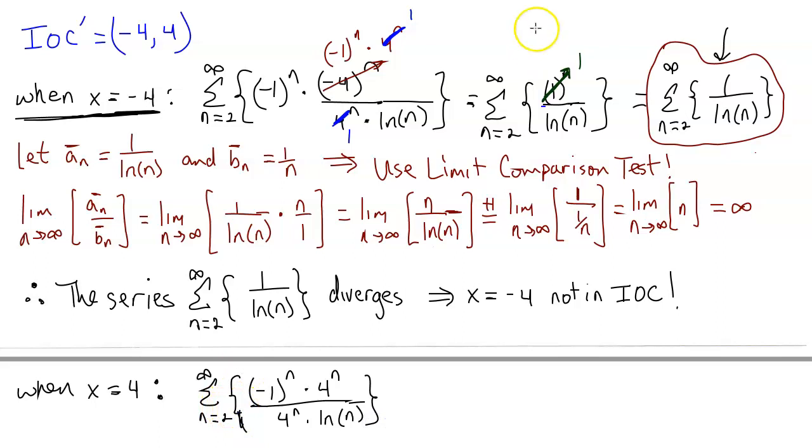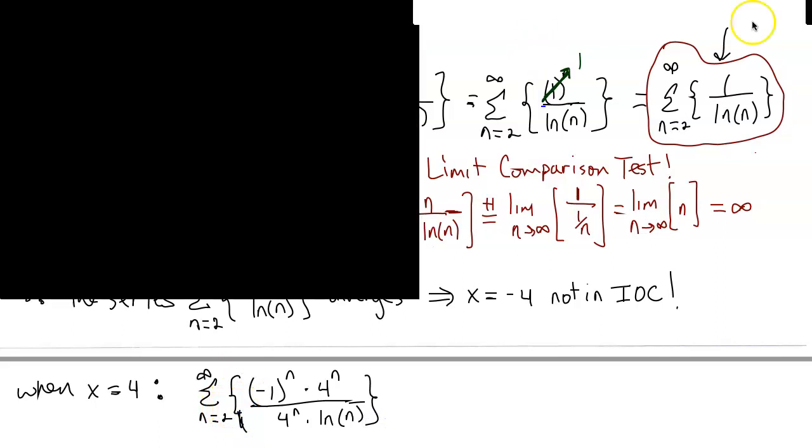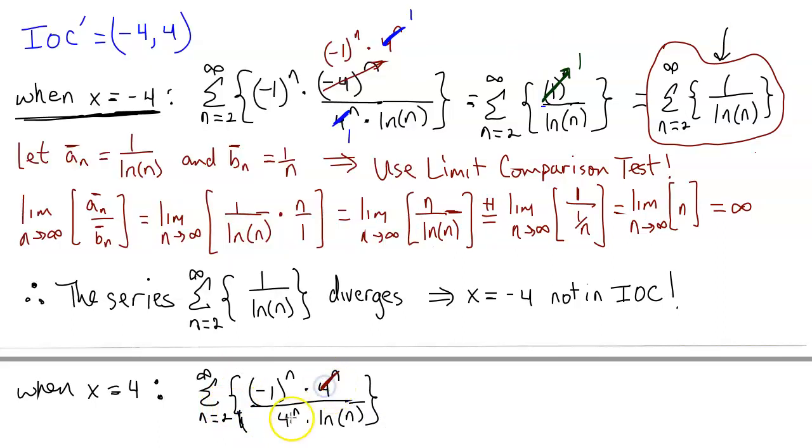All right, and so here we know that these 4 raised to the n's will reduce to 1. And what we will end up having here is an alternating series, -1 raised to the n over natural log of n.